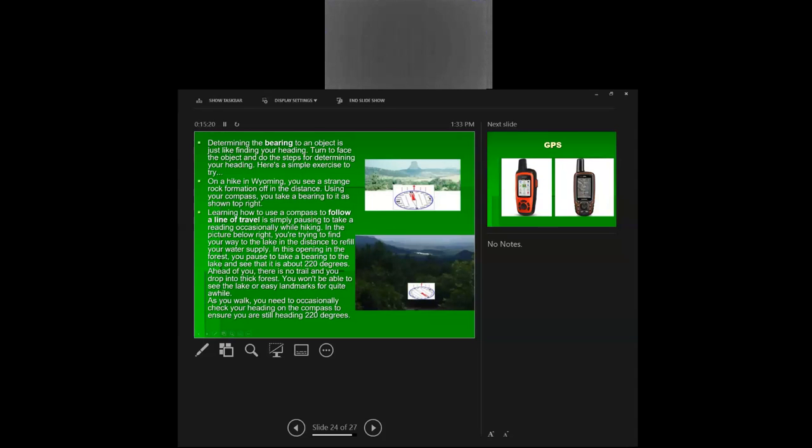You can line up on that and set your compass, and then you can turn around and look in the other direction. You use landmarks to help you find that. You're going to be going in about that general direction. Here's true north, so you have to adjust that a little bit.